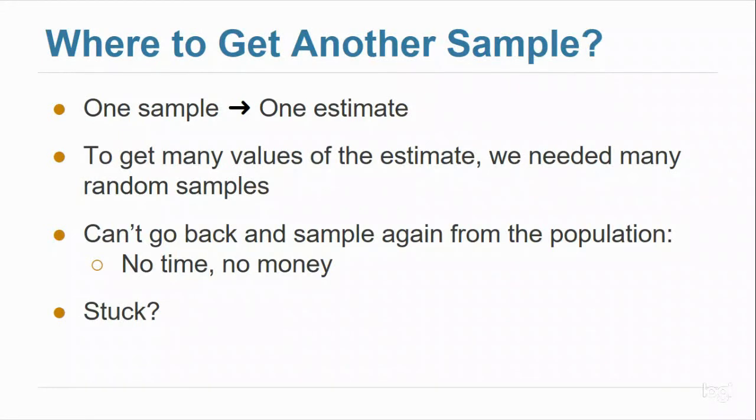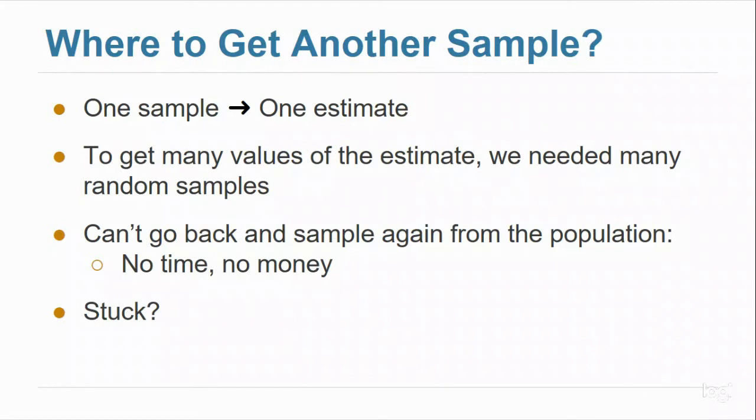It would be really helpful if we could get another sample. If we could take many different samples, we could try to understand how the statistic changes in each of the samples, how our estimate is going to vary across different samples.